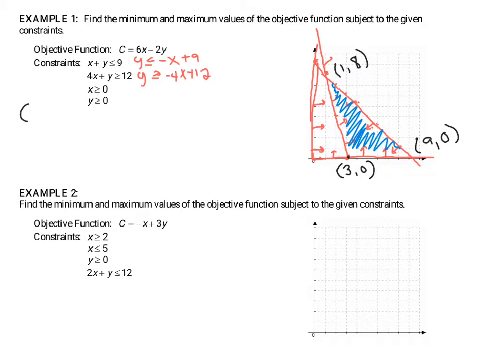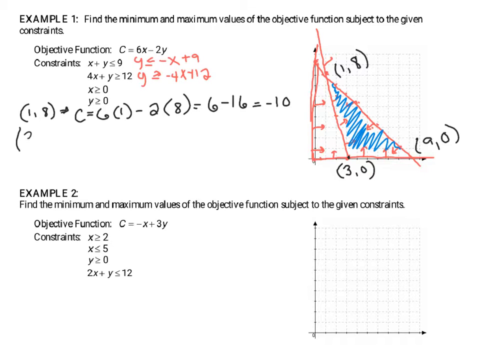So I'm going to start with 1, 8. And I'm going to plug this into our objective function. So I have c is equal to 6 times 1 minus 2 times 8. So I get 6 minus 16, or negative 10.